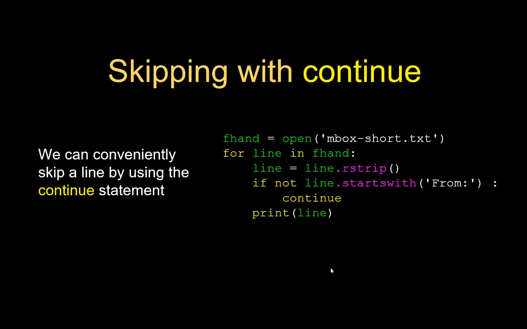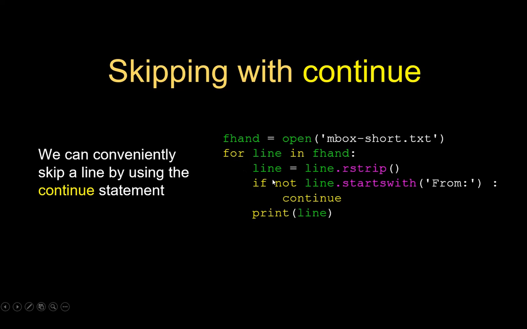So we can rewrite this previous code using a continue function in the for loop. Again, we open this file and put it in the f_hand variable.